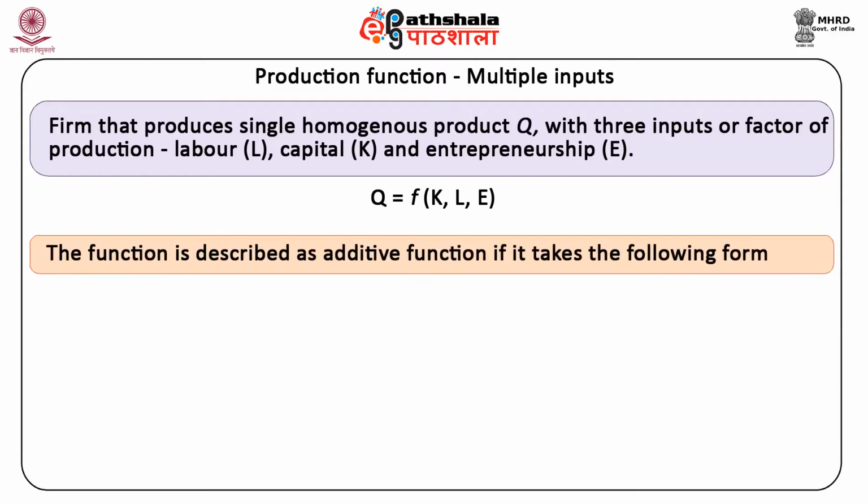The function is described as additive function if it takes the following form. Q = AK + BL + CE.